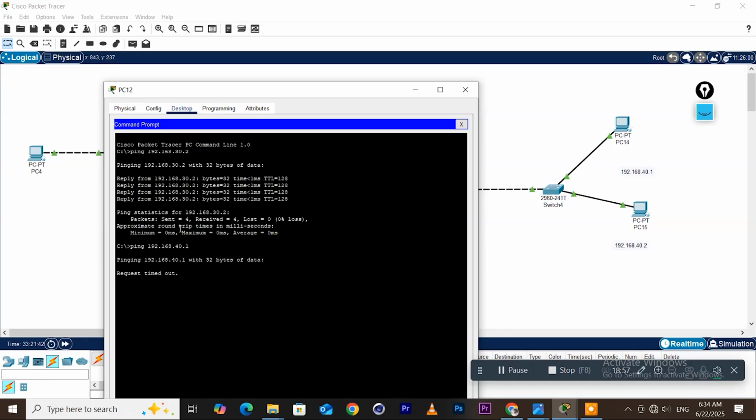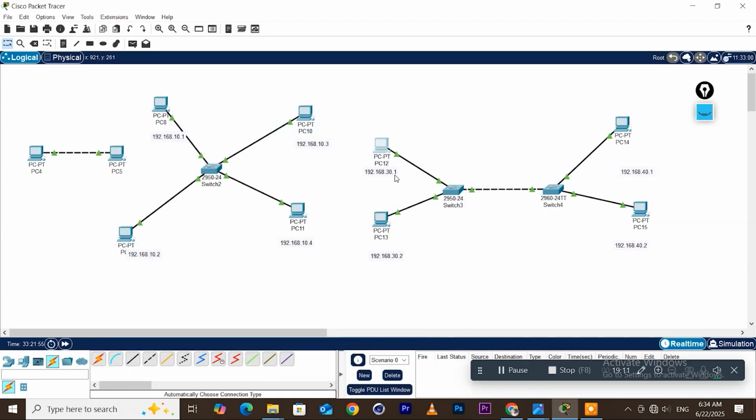And as you can see, request timeout, and finally request timeout, which means what? This PC can communicate with this PC, this one can communicate with this one, but this PC cannot communicate with this PC. What could possibly be the reason?